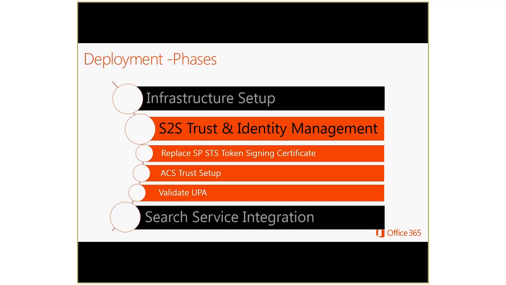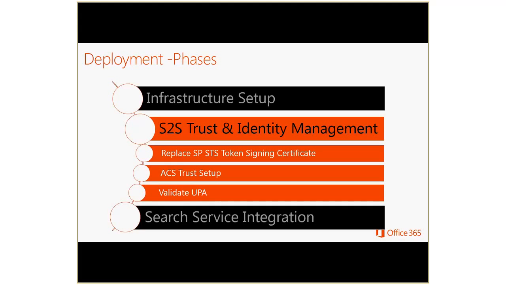We enabled the synchronization of Office 365, then created a new user and synchronized that user to Azure AD in Office 365. With that, now let's look into the next configuration, which is server-to-server trust and identity management.